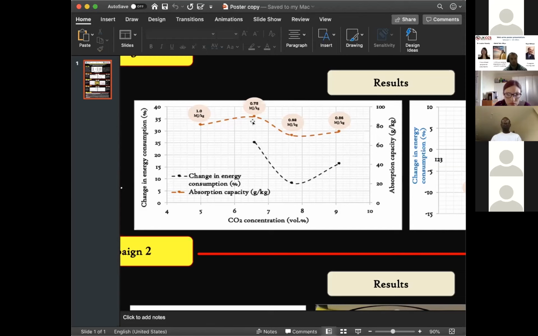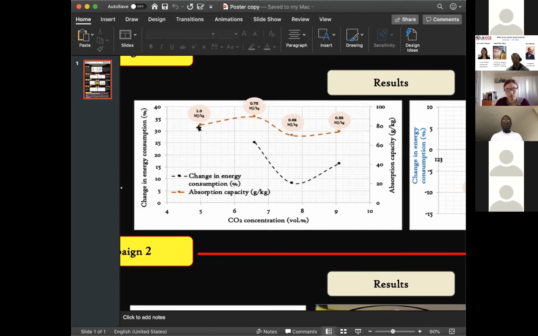So what's the takeaway from this result? And that is, before 6.6 volume percentage of CO2, mind you, the CO2 capture efficiency is capped at 90%.